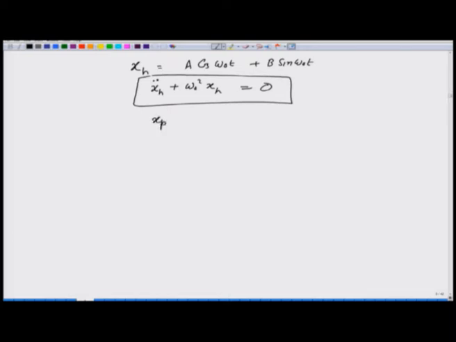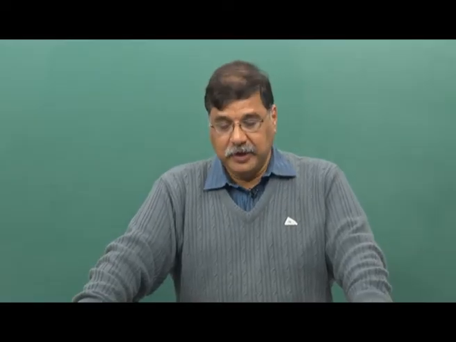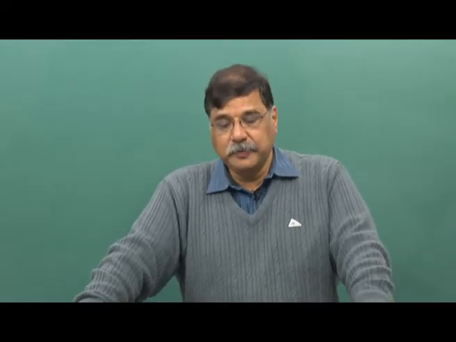And x p double dot, what is x p? X p is f over m times omega 0 square minus omega square, times cosine of omega t. X p double dot plus omega 0 square x p is f over m cosine of omega t. This is satisfied. So, this is true for this particular form of the force that we applied on the right hand side, and therefore, we call it x particular.